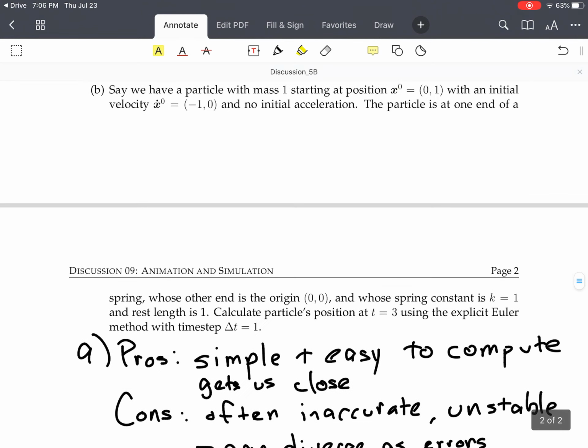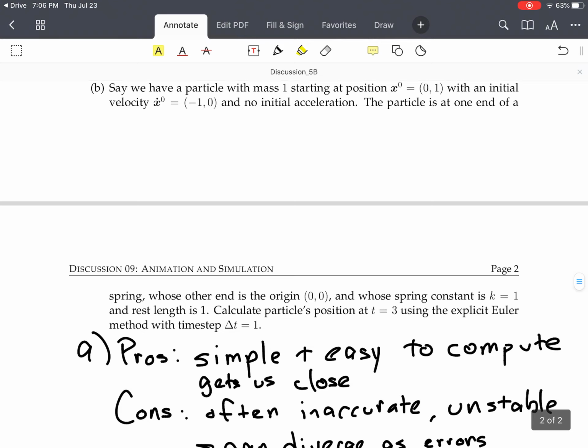Okay, so now that we've talked about some of the pros and cons, let's go ahead and do a practice problem, right? Just see how it works to really get some hands-on experience. So say we have a particle with mass 1 at starting position x at time 0 equal to (0, 1), with initial velocity (-1, 0), and no initial acceleration.